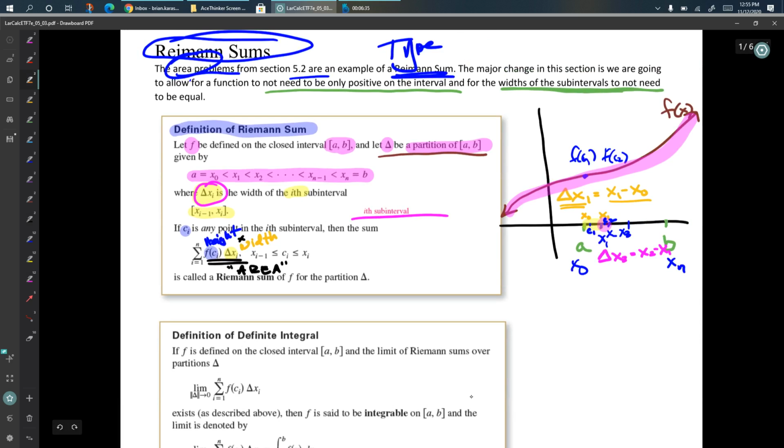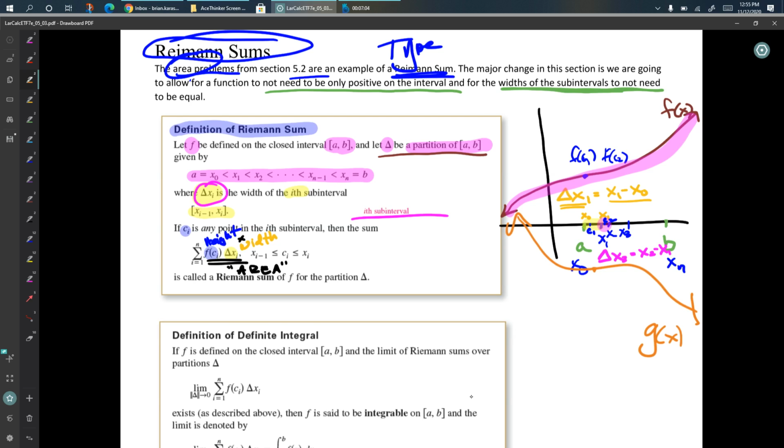So if our function was below the x-axis, if this was some other function g of x, we can still chop it up. We can still find the height, but now that height is going to be a negative number. And when we multiply it by the width, geometrically it's incorrect to say this, but we're just going to say it to make it simple: rectangles above the x-axis are going to give us positive area.